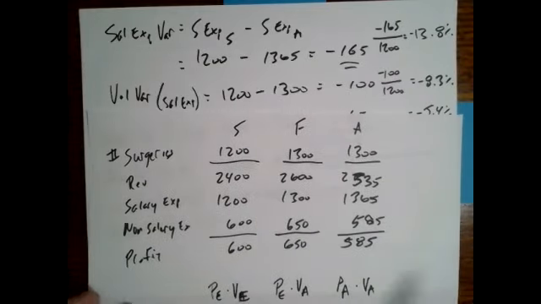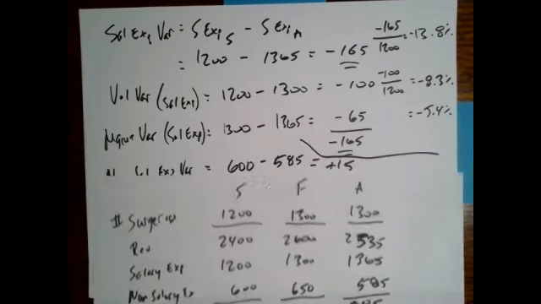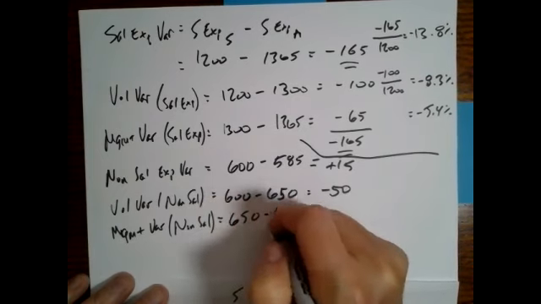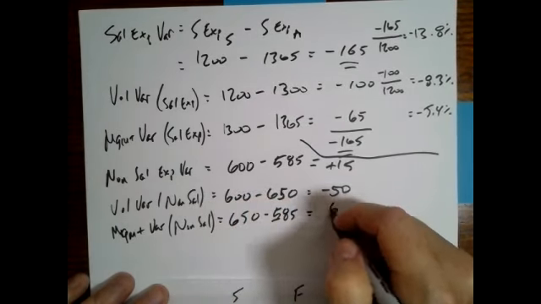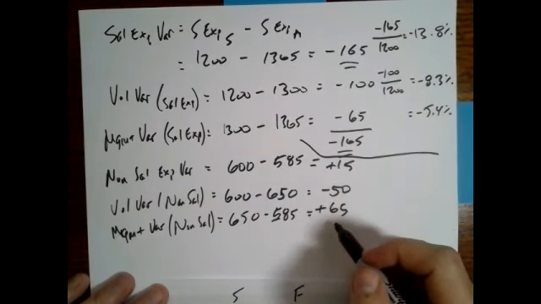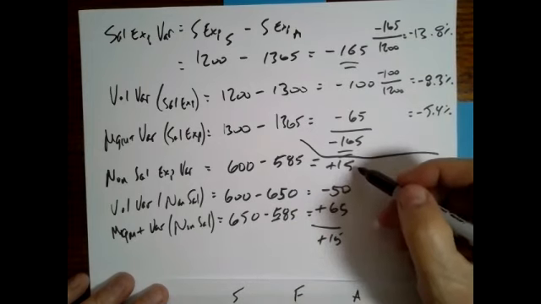So that's going to be flex minus actual, 650 minus 585. 650 minus 585 is plus 65. So plus 65 minus 50 is plus 15, which matches our non-salary variance, our overall non-salary variance.